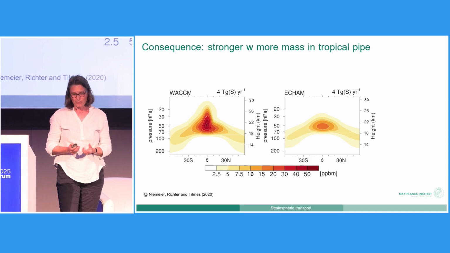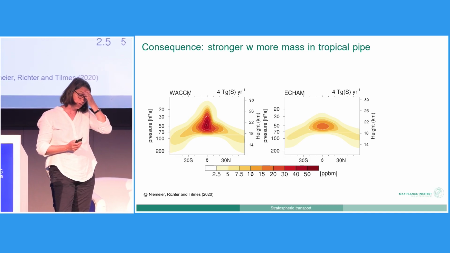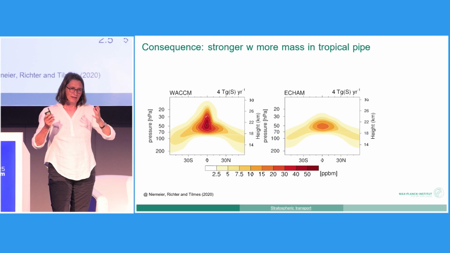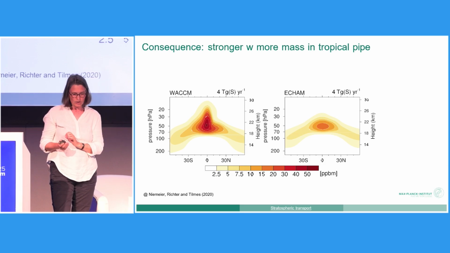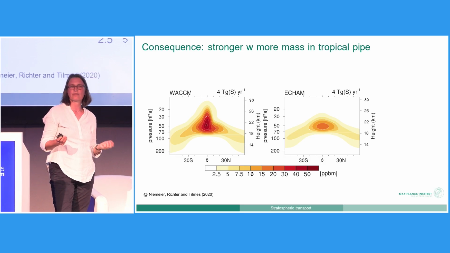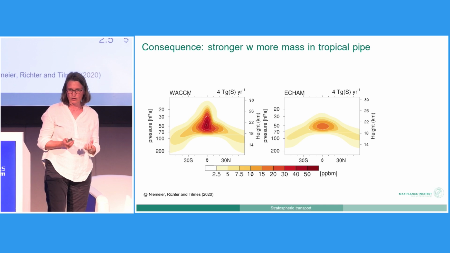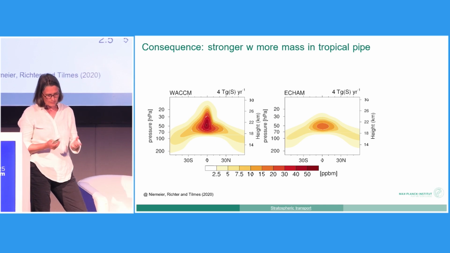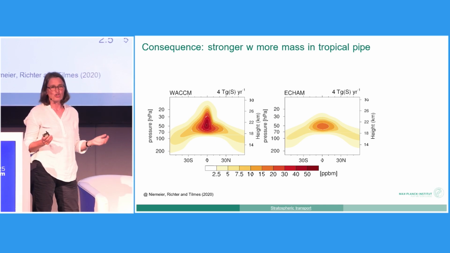What I also realized is that another difference between the models is that we have a completely different horizontal resolution. My model, ECHAM, had a much coarser resolution.